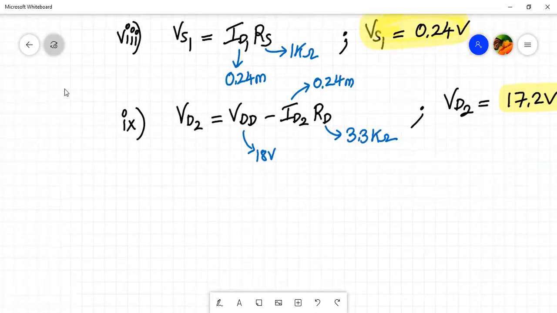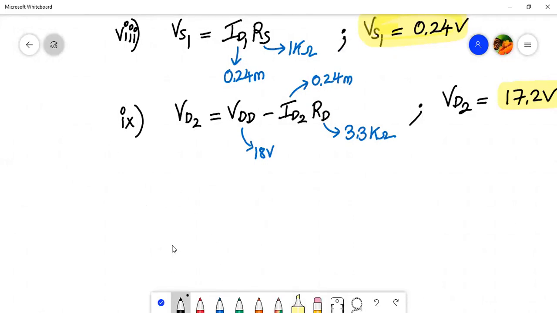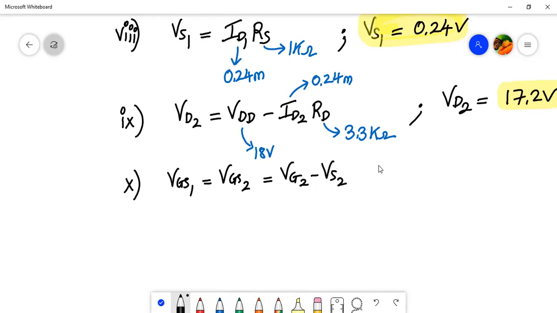Okay, so next we'll calculate the value of VS2. Since both M1 and M2 are symmetric, VGS1 and VGS2 are the same, which is equal to VG2 minus VS2. And we can write that VS2 will be equal to VG2 minus VGS2, right?